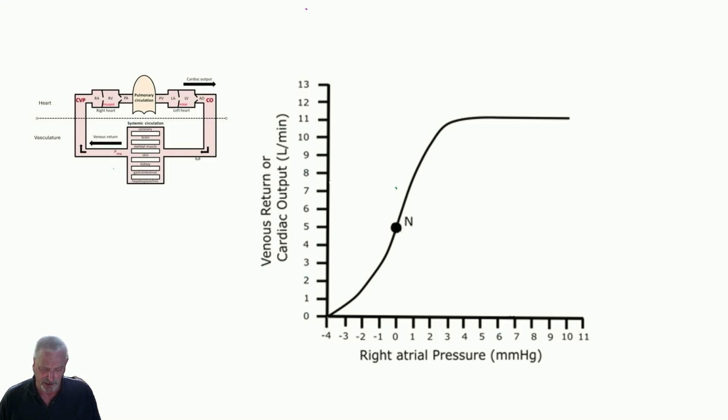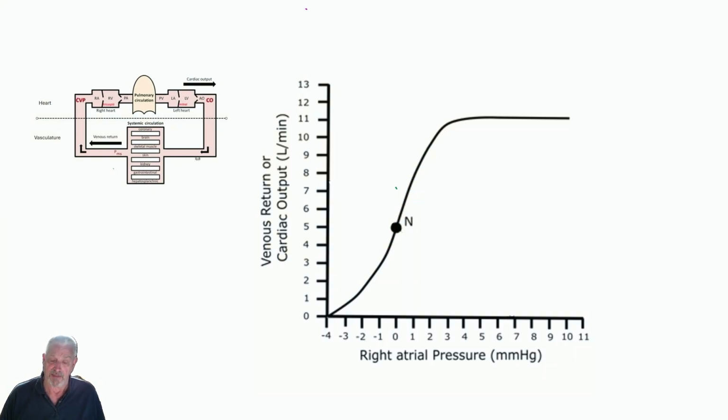What the curve tells us is as you increase right atrial pressure, as you move to the right along the curve, the cardiac output rises and rises and rises, at least up until some point where it may top out. So increases in right atrial pressure cause increases in cardiac output.